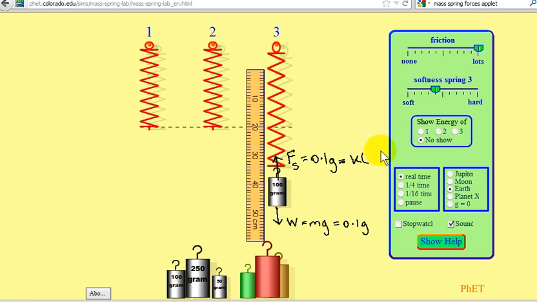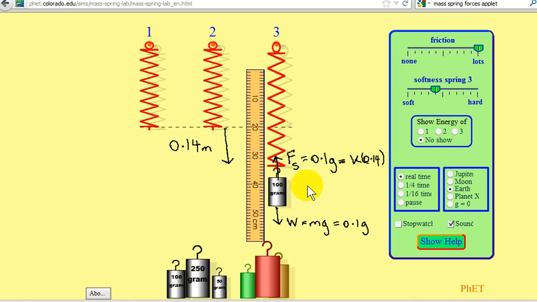So it's K multiplied by its new position minus 20. This extension is about 14 centimeters. Each of these units is meant to be 1 centimeter. Now 14 centimeters is 0.14 meters. It's 14 divided by 100. So 0.14 here.